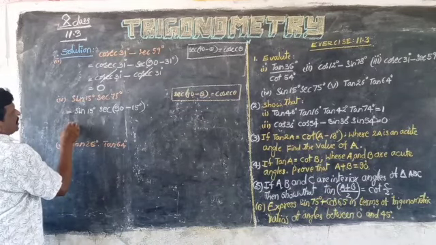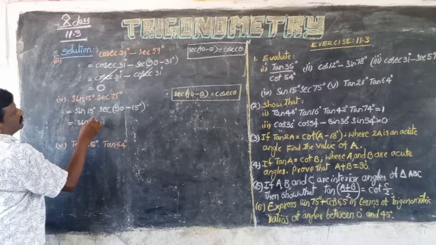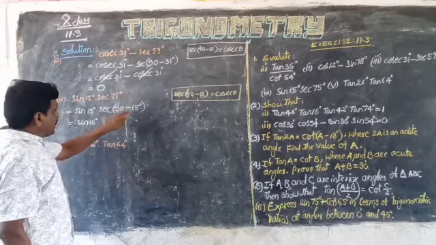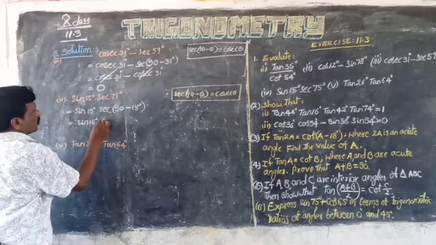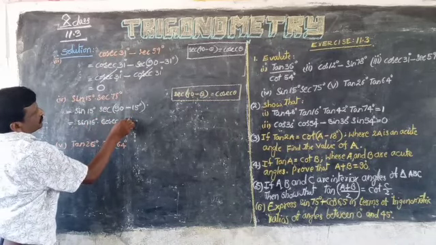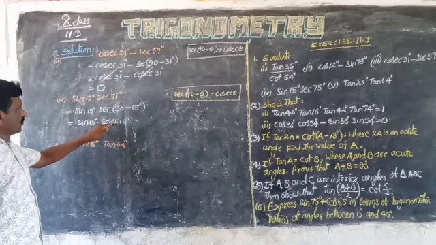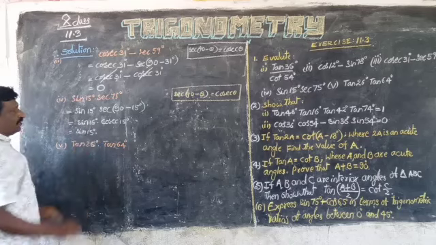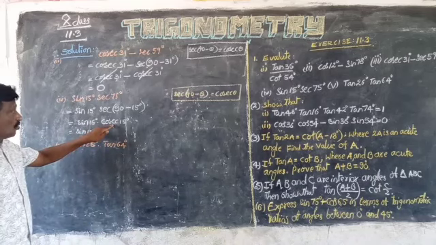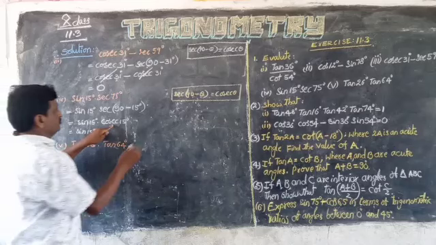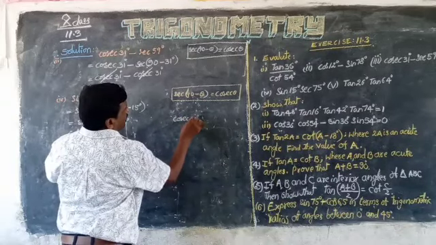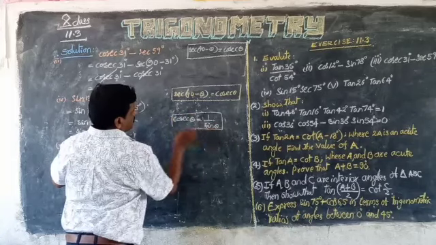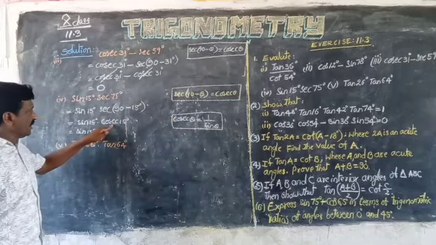So sin 15 into secant 90 minus 15, that is cosecant 15. Cosecant theta is equal to 1 by sin theta, which we knew in part 1 of trigonometry.